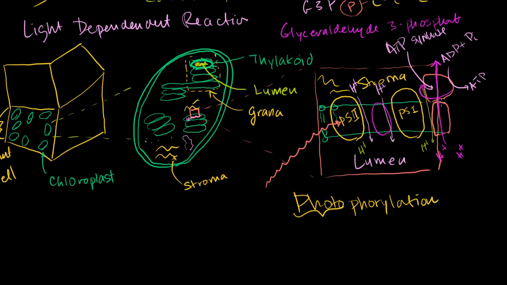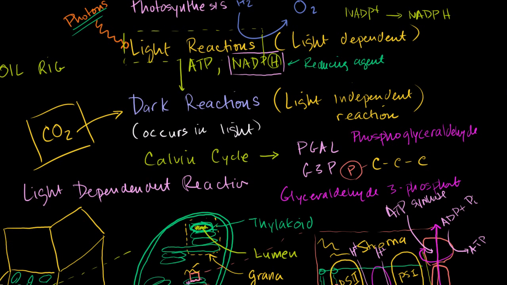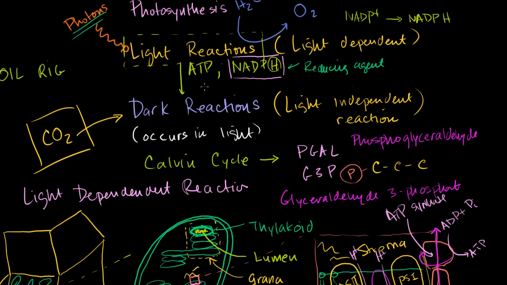Now, when I originally talked about the light reactions and dark reactions, I said the light reactions have two byproducts: ATP, and also NADPH. Actually, it has three. NADP is reduced. It gains these electrons and these hydrogens. So where does that show up?